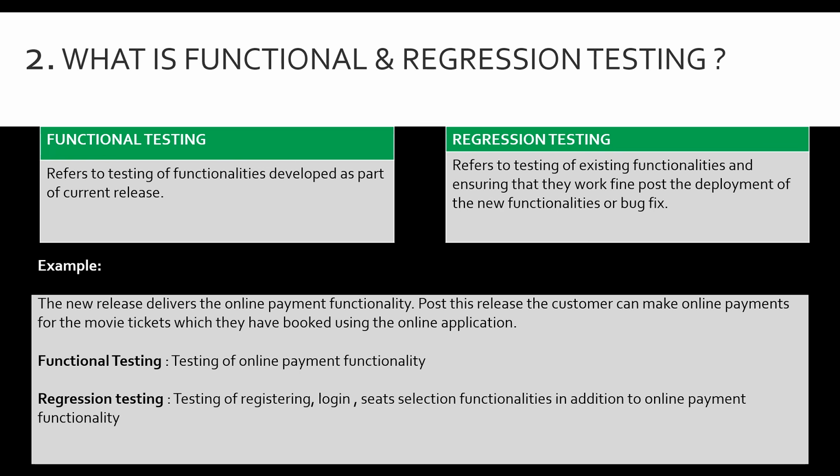All of these are existing functionalities and they still need to work post the deployment of the online payment functionality. So testing of those existing functionalities is referred to as regression testing. These are the two key types of testing which would be asked by the interviewer.